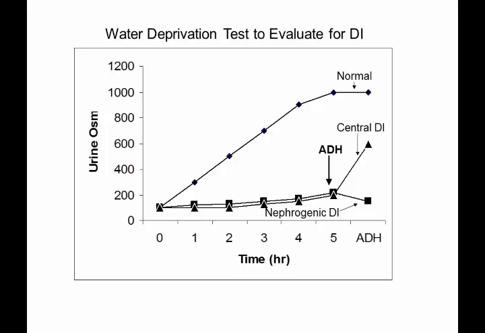Now, some people feel that the so-called primary polydipsia is simply a new set point, in which the thirst mechanism and the secretion of ADH is a little off kilter.